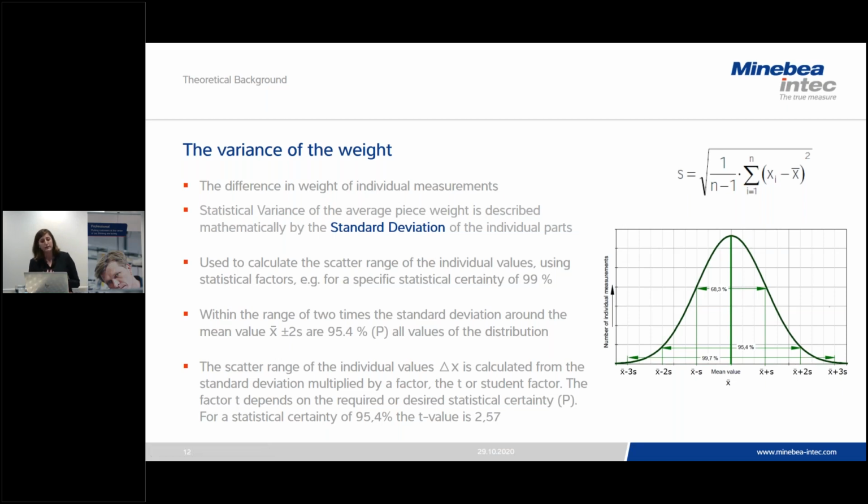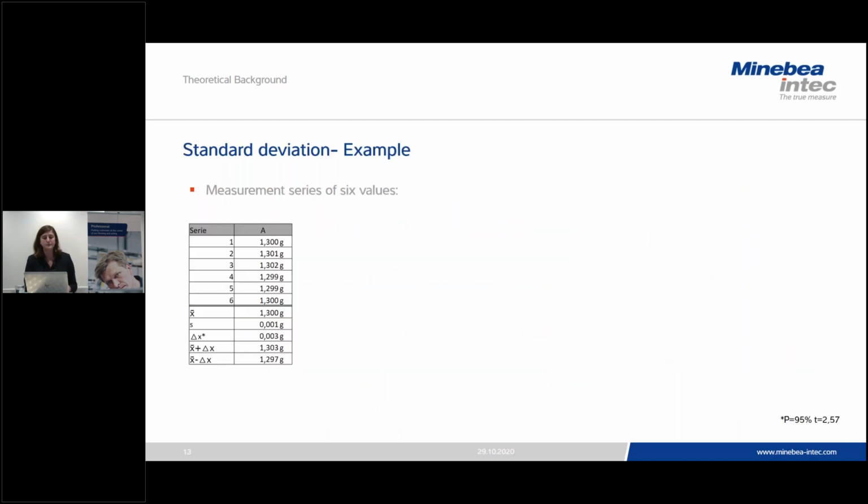Now, if you want to calculate the scatter range a little more easily, you can take delta x, as it is called, where the standard deviation is multiplied with the t-factor, or student factor. The student factor depends on the statistical certainty. For example, the t-value is 2.57 when we have a statistical certainty of 95.4%.